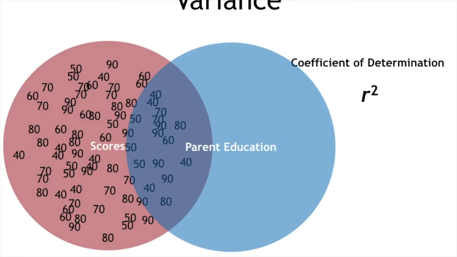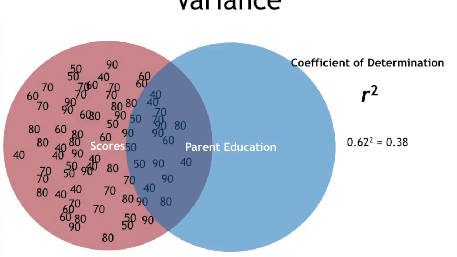I now know that the portion of the overlap is 0.38 because I square the correlation coefficient, which is 0.62. And when I square that, I get 0.38. That means that 38% of the variance in those scores in the pink circle is related to parent education.